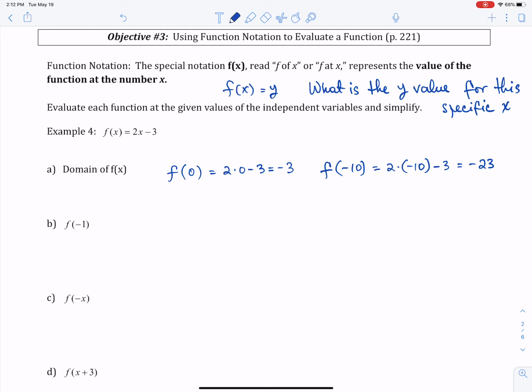I didn't have any trouble calculating the problem. I can plug in positive values, negative values, zero value, every value. When that's the case, we say the domain is all real numbers. And all real numbers in interval notation is going to be from -infinity to +infinity.